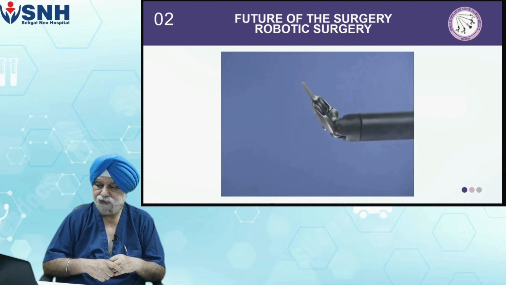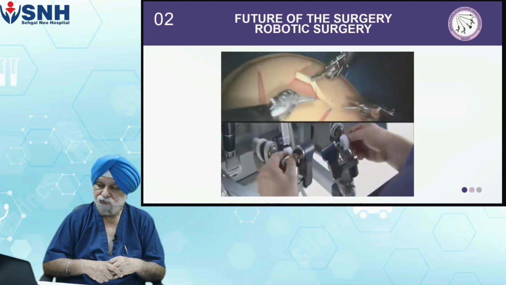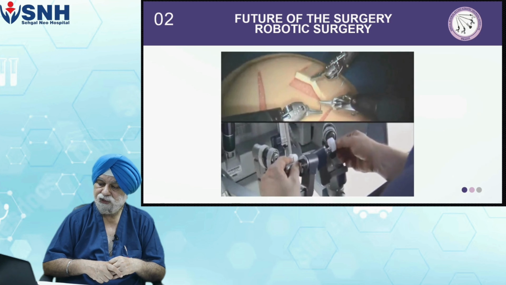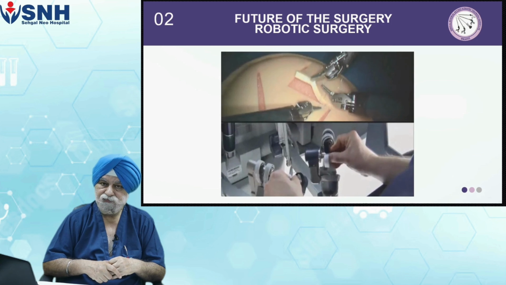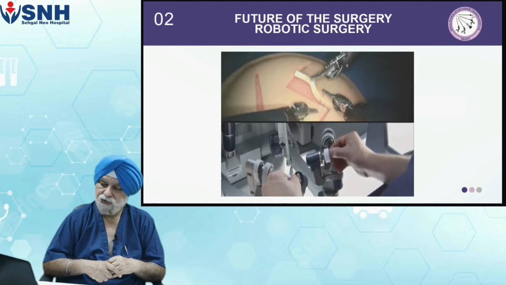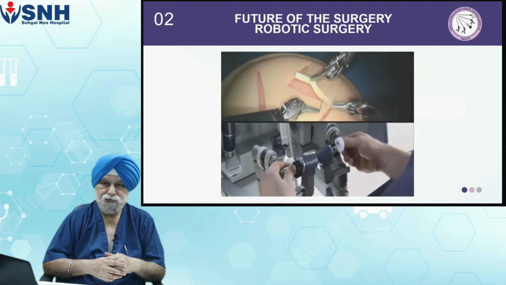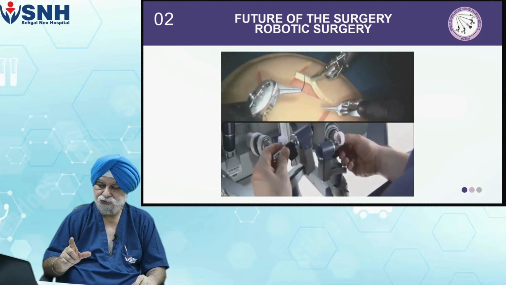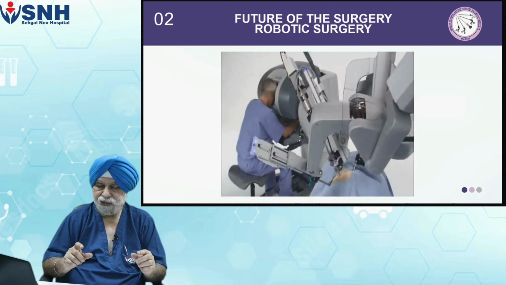And this is the range of movement of the robotic instruments. So you can see that in whatever direction the fingers of the surgeon are moving, the instrument makes the same movements inside. If you have to open the jaw of the instrument, you just open your fingers. The surgeon operates with a thumb and a finger.